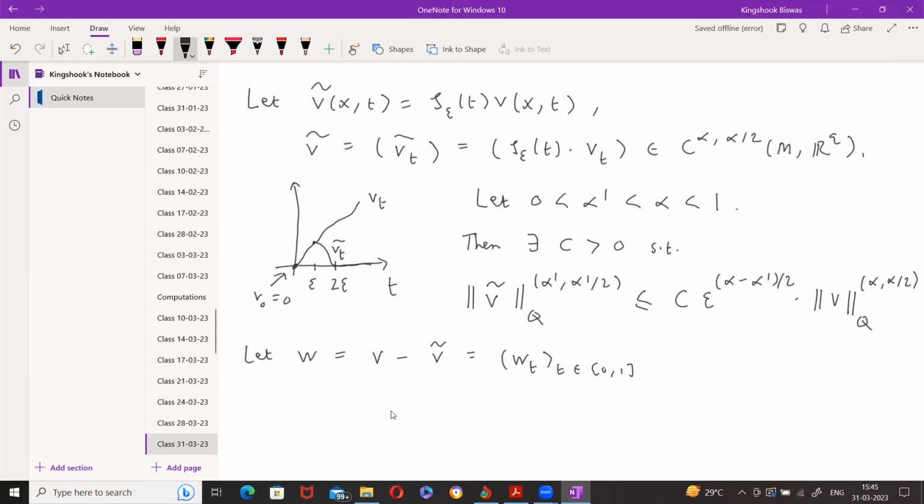The first thing is that since V tilde is equal to V for t in the range 0 to epsilon, that means that WT is identically 0 for t in the interval 0 to epsilon.